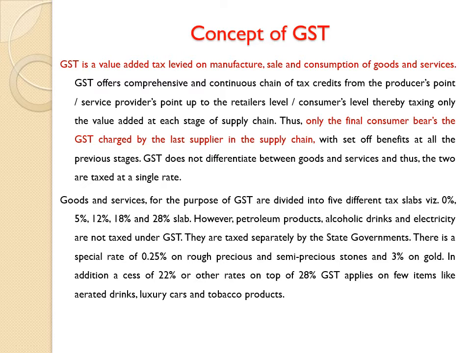In addition, it is noted that petroleum products, alcoholic drinks and electricity are not coming under GST. Sorry, they are separately taxed by state governments. But there is a special rate, 0.25% on rough, precious and semi-precious stones, and a separate rate of 3% on gold.